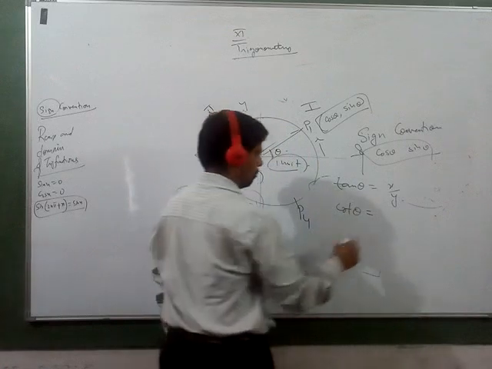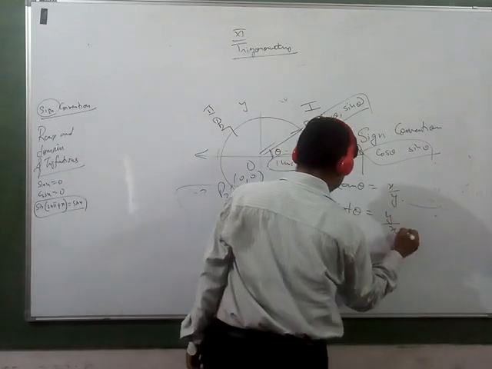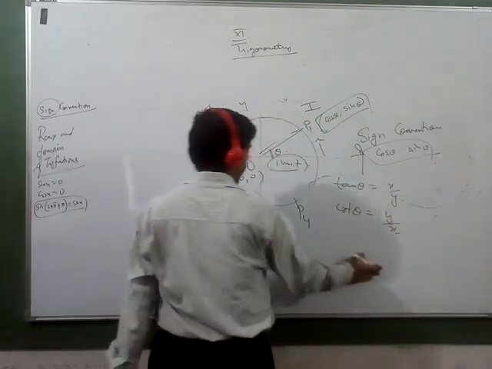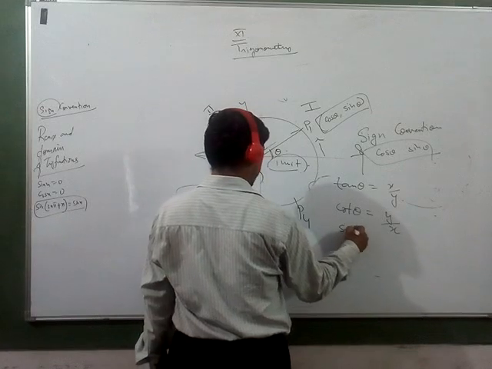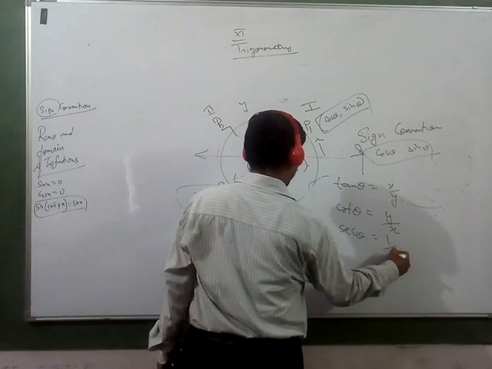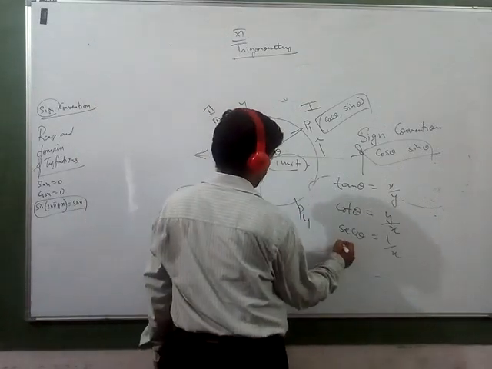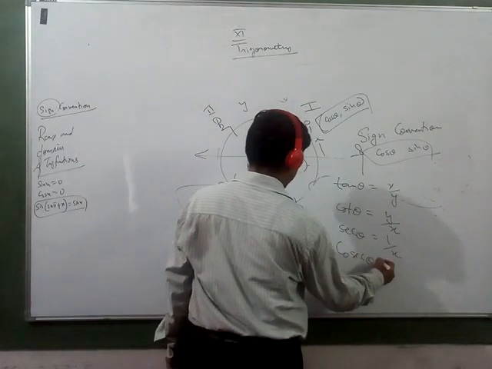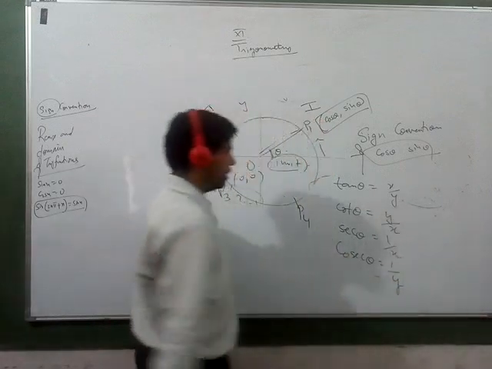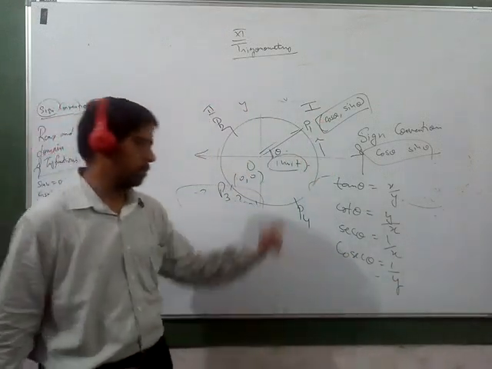And sec θ is 1 upon x, and cosec θ is 1 upon y. So these are all the trigonometric ratios.